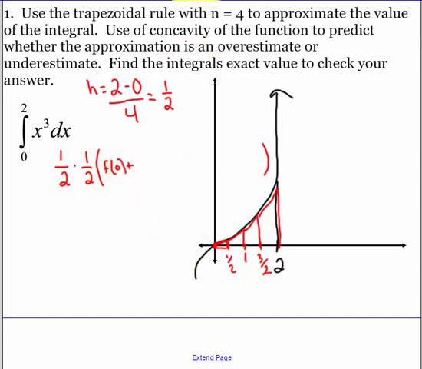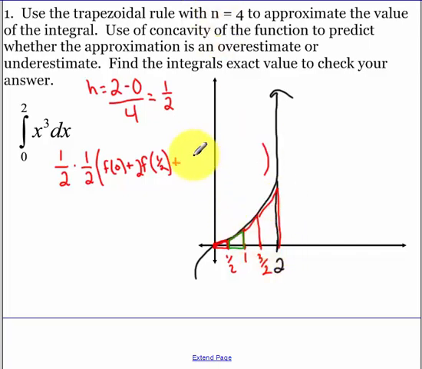And we add to that the second base, which is whatever f of 1/2 is. But then for this next trapezoid, one of our bases is 1/2. So that's why we have 2 of those 1/2s.